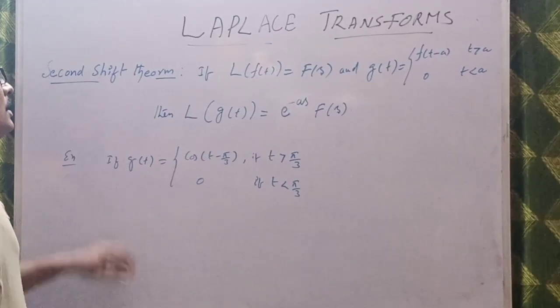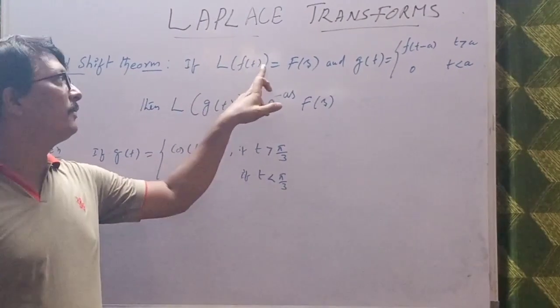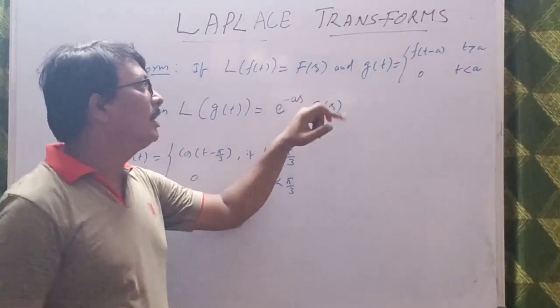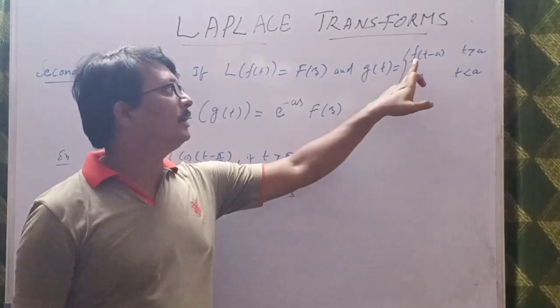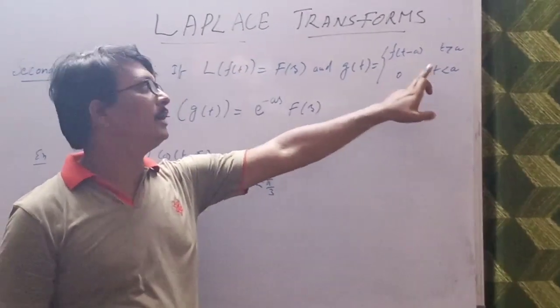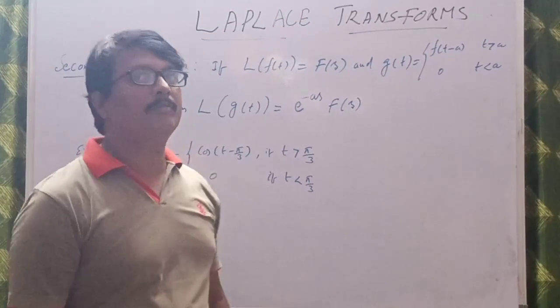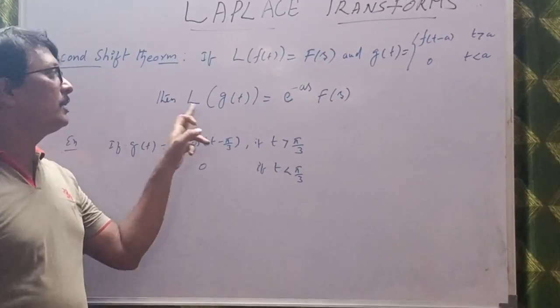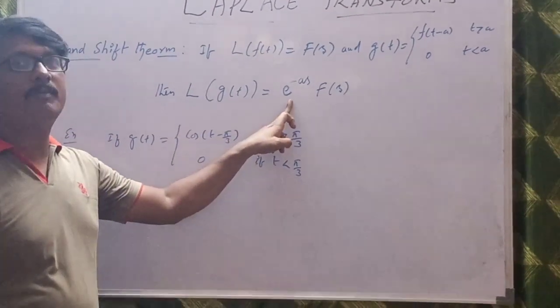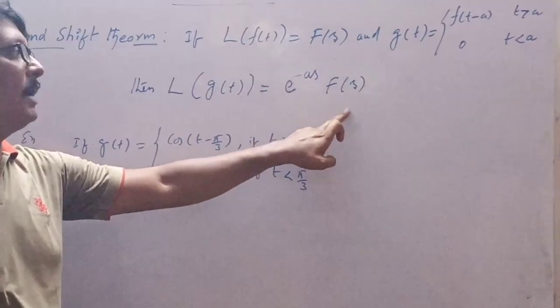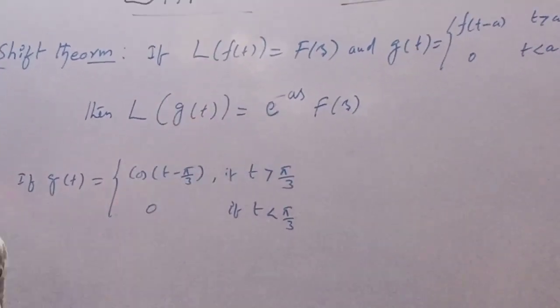Second shift theorem. If the Laplace transformation of f of t is capital F of s, and g of t is defined by f of t minus a when t is greater than a, and 0 when t is less than a, then the Laplace transformation of g of t equals e to the power of minus as into F of s, where F of s is the Laplace transformation of f of t.